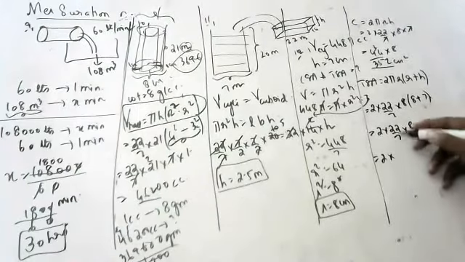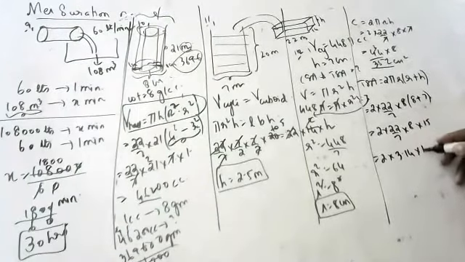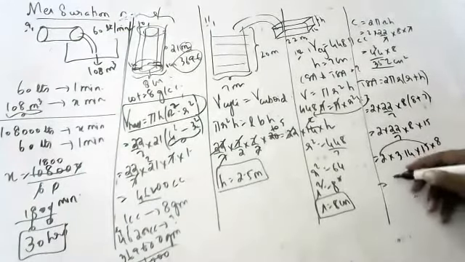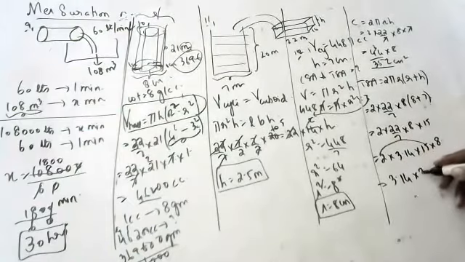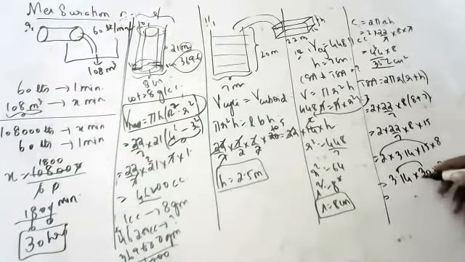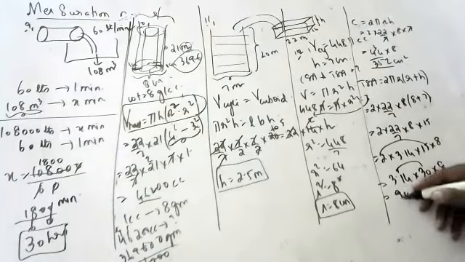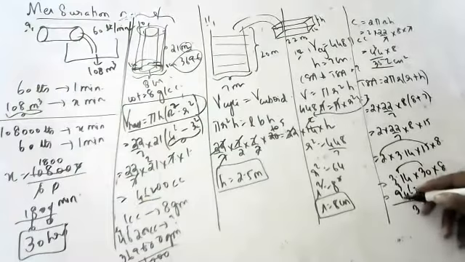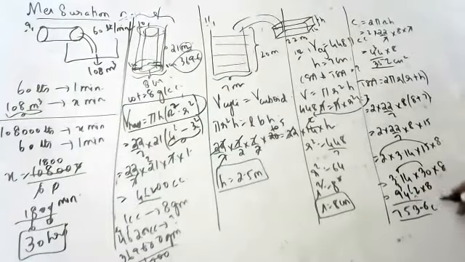Using 3.14 into 15 into 8, 3.14 into 30 is 94.2, into 8 gives 753.6 centimeter square, which is the TSA.